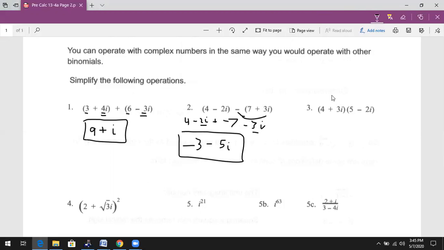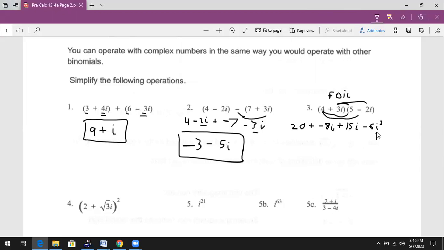Now, when we multiply, we FOIL just like before. So first times first, 4 times 5 is 20, plus outside times outside is minus 8i, plus inside times inside is plus 15i, and then last times last, 3 times a negative 2 is minus 6, i times i is i squared.